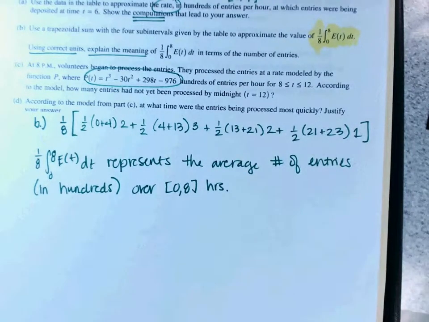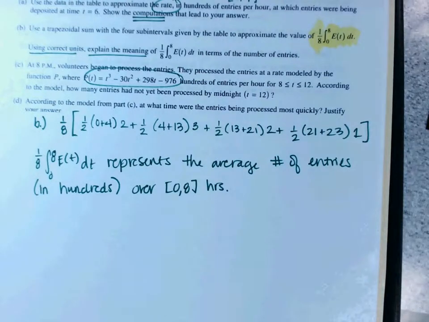So, if I want to know how many have not been processed, what do I need to do with those two numbers? Okay, number of entries going into the box, then they're being processed and taken back out of the box. If I want to know how many are left over, what am I going to need to do with those? Subtract.